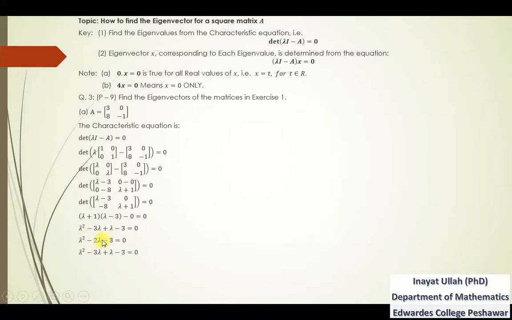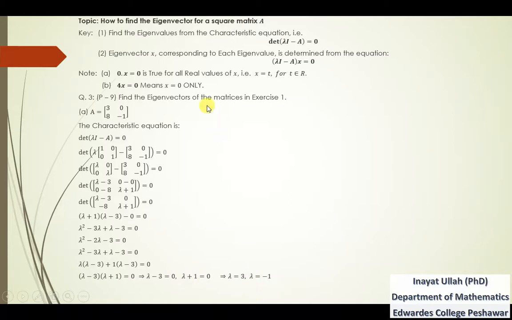Lambda is common in these two terms, and 1 is common in these two, and lambda minus 3 is common in these two. So lambda minus 3 multiplied by lambda plus 1 is equal to 0 means lambda minus 3 is 0 or lambda plus 1 is 0. So lambda is equal to 3 and lambda is equal to minus 1.